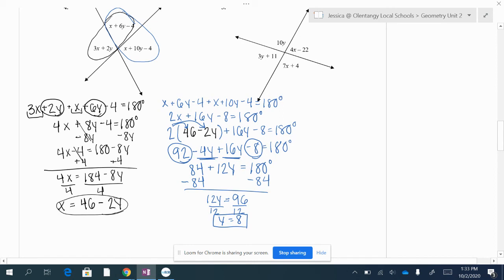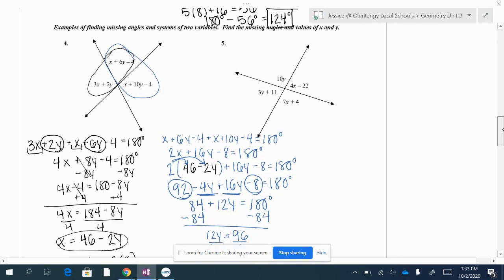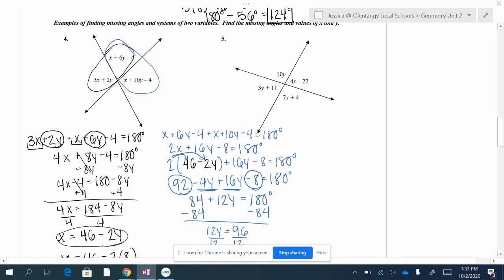And then I'm going to come back over here to my x equals equation and use y to solve for x. So then x will equal 46 minus 2 times 8, or x is equal to 30. Then when I plug back into my equations here, so 3 times 30 plus 2 times 8 is going to be 78 degrees.